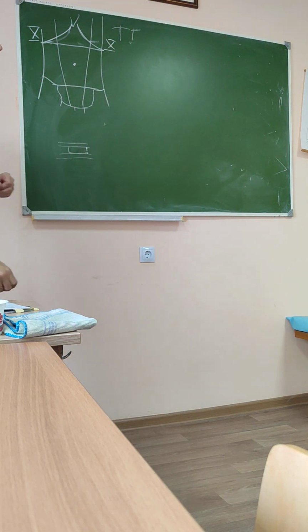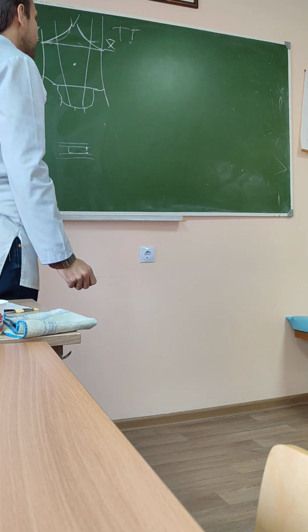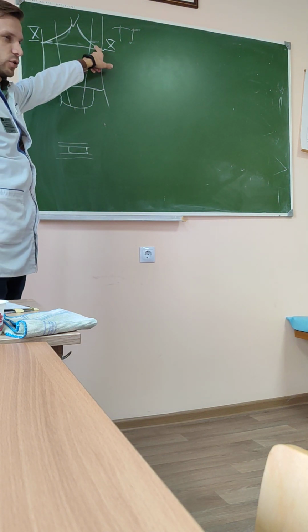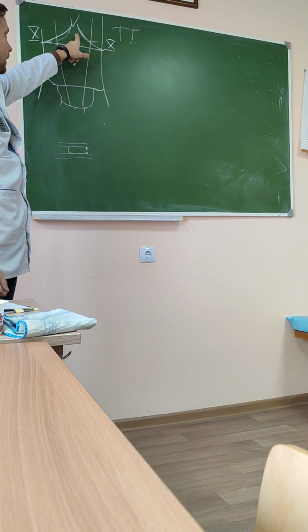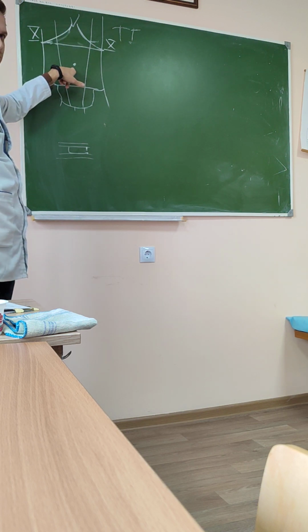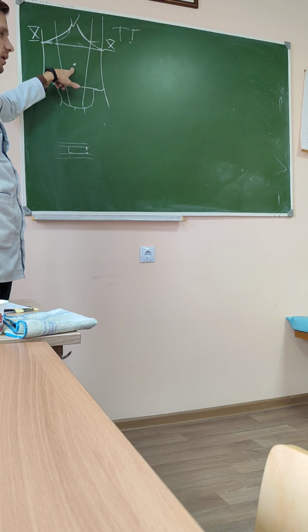It is the external edge of the rectus abdominis muscles. So, the hypochondriums, right and left, and the epigastric region. This region is the umbilical or para-umbilical region.